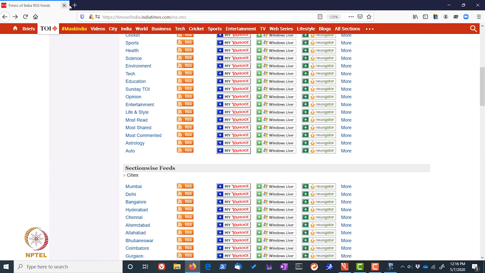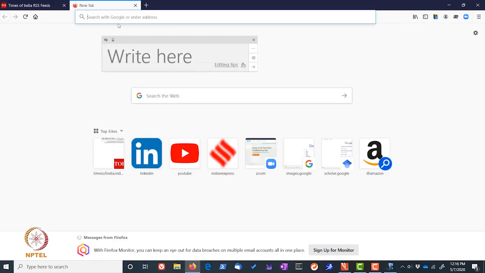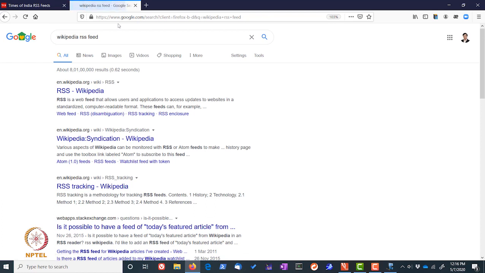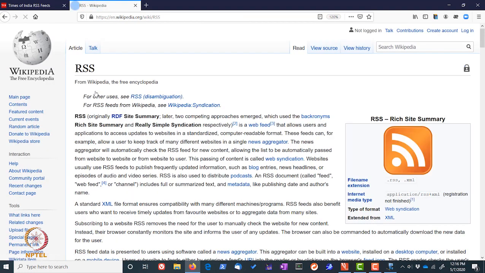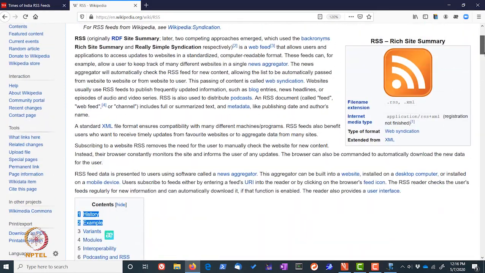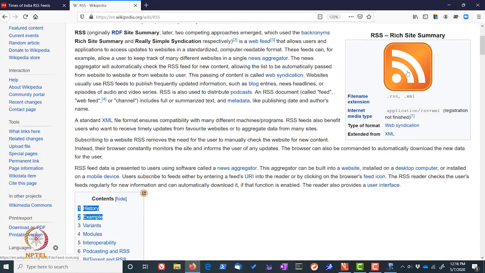A quick word about RSS. If I were to show you the Wikipedia entry, RSS, the full form is Really Simple Syndication, and this gives us summaries of websites. It is one of the most popular pub sub systems. The websites publish their news, and then we can subscribe to them, and I'll immediately get notified the moment there is a change in a website.